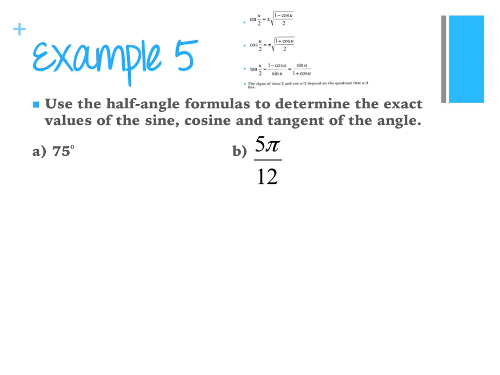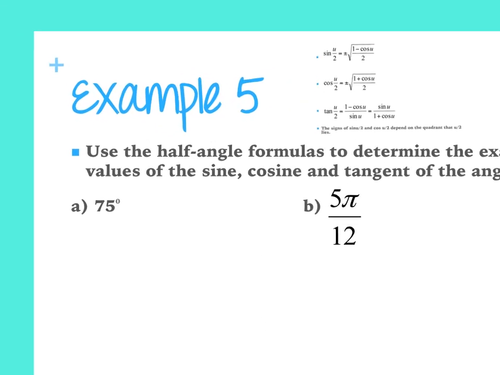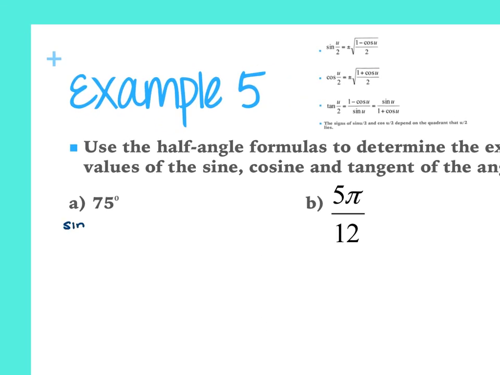So the first thing I want to find is the sine of 75, which would be the same thing as 150 over 2. So when I use the angle in the equation, it's always going to be the doubled one.